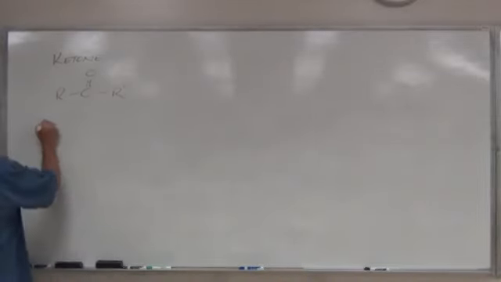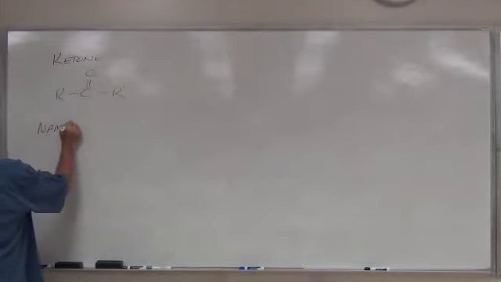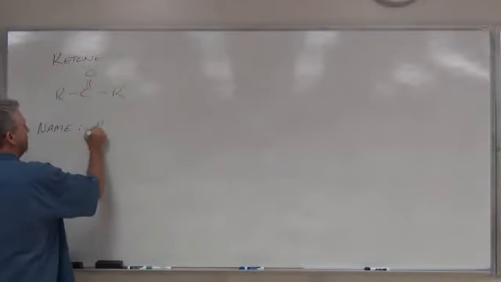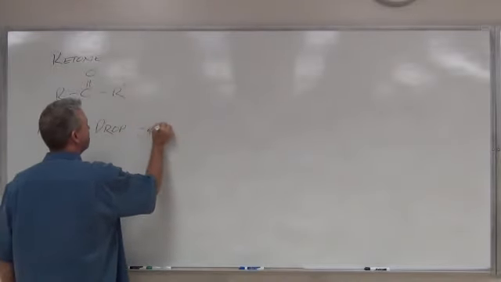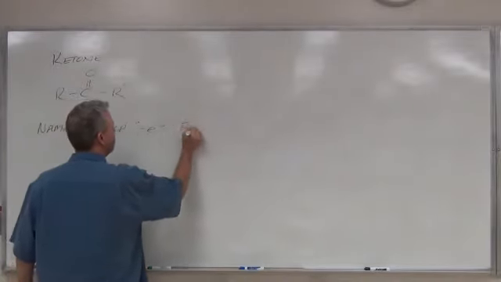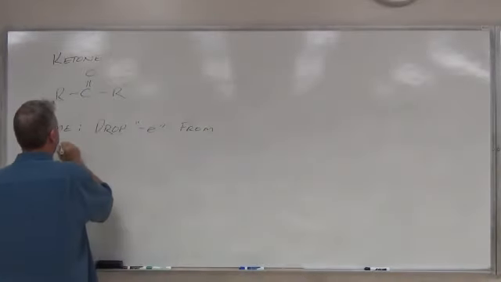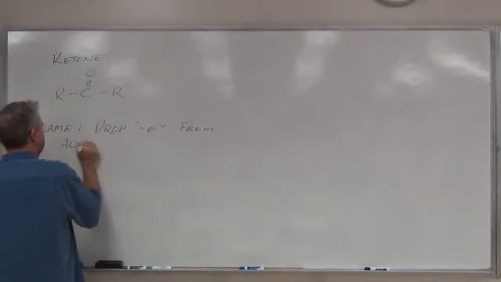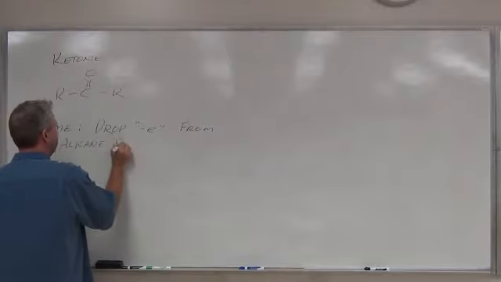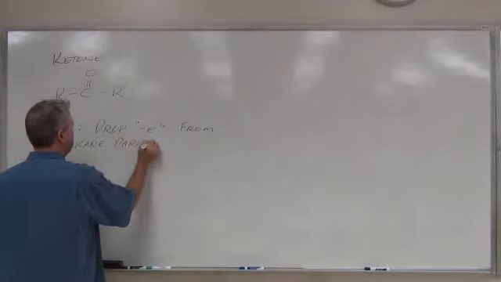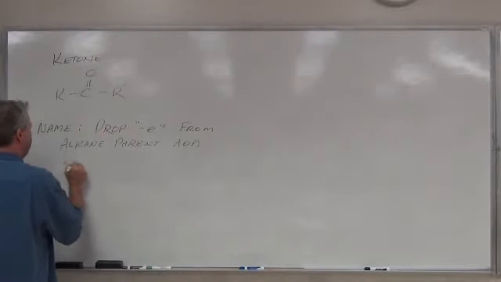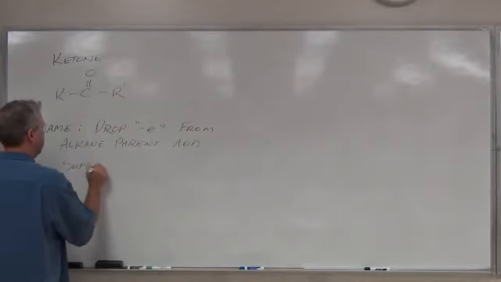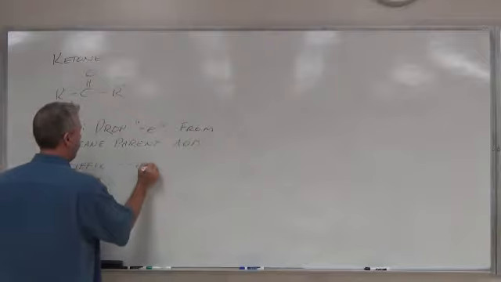When you name ketones, you drop the E from the alkane parent, and you add the suffix "-one".